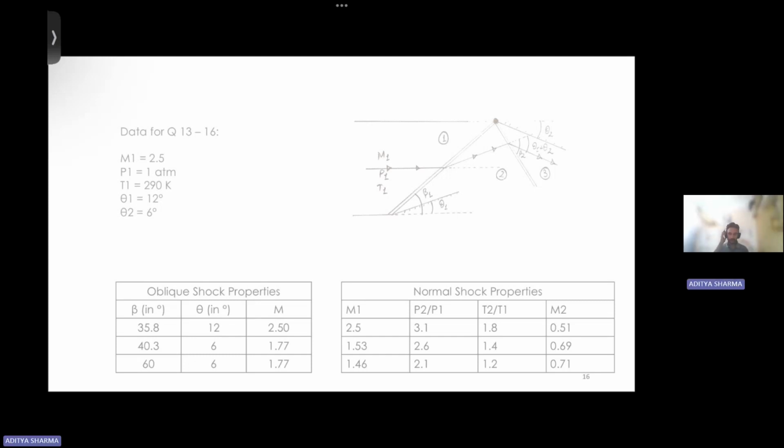So I was saying that we have this data for 4 questions from 13 to 16, right? So for that, right? So it's of this.